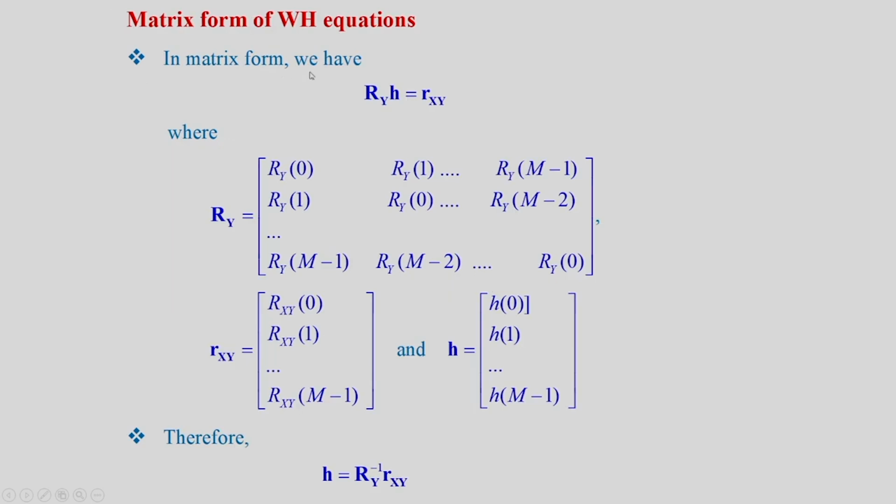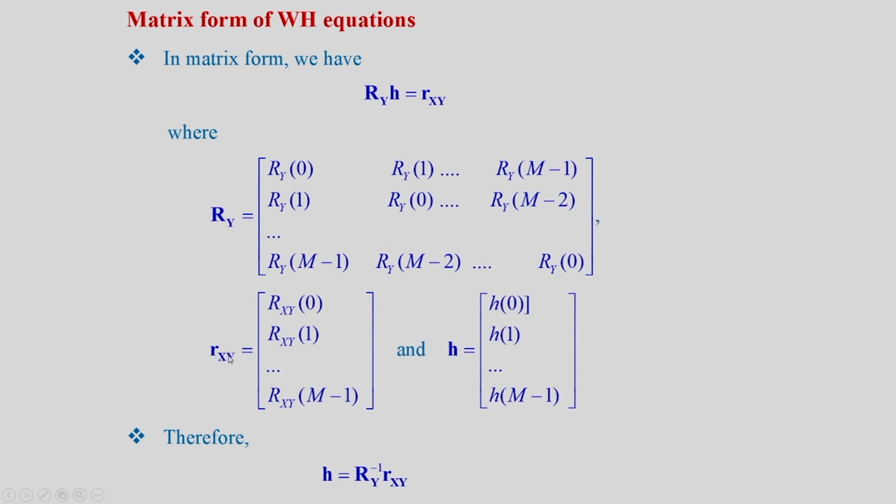In the matrix form, we have R y h is equal to small r xy. This is the autocorrelation matrix of y, this is the filter vector, and this is the cross covariance vector. Thus, R y is equal to this matrix: R y 0, R y 1 etc. up to R y m minus 1. Similarly, the second row will be R y 1, R y 0 up to R y m minus 2 and so on.